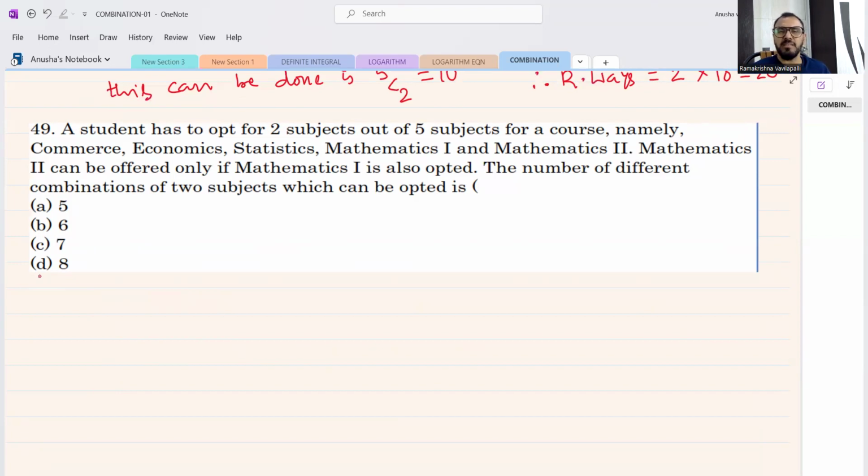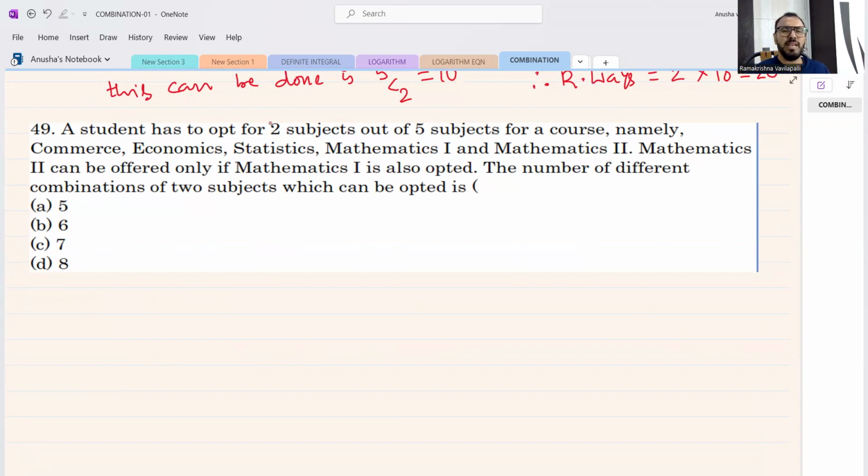Here is a restriction that mathematics 2 can be offered only if mathematics 1 is also opted. So without mathematics 1, there is no mathematics 2. If someone has taken mathematics 2, then he has to take maths 1.